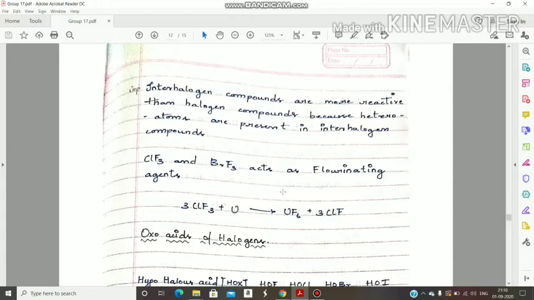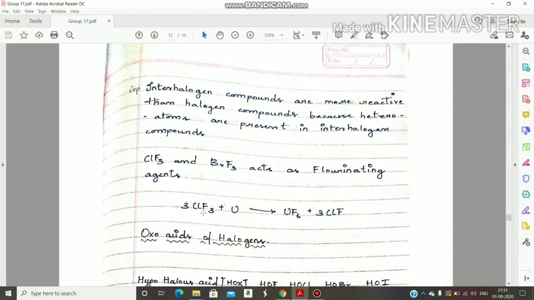In Cl2, only two same atoms are present. If two same atoms are present, then the bond between those two atoms cannot be broken easily, because both are the same atom, both having the same strength. But in ClF3, both have different strength.